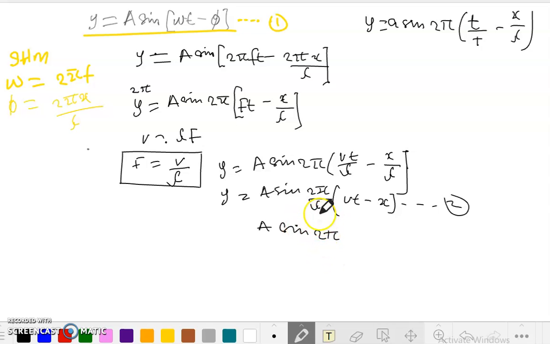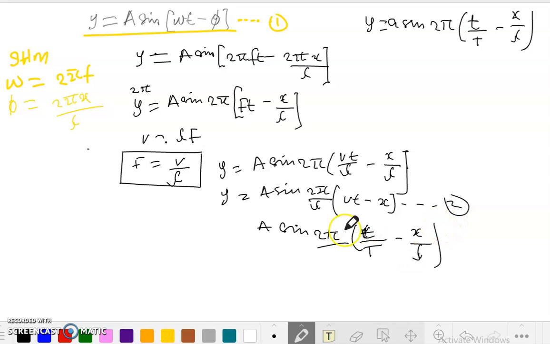We factored out lambda, but let's assume we still have our lambda in, so this becomes v, small t over the period, since v is the wave speed, minus x over what you will have is lambda, if you allow this lambda to remain inside.